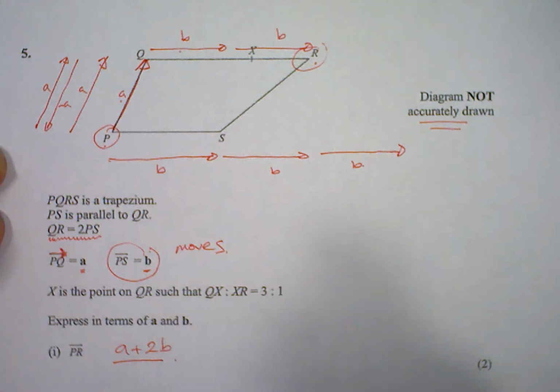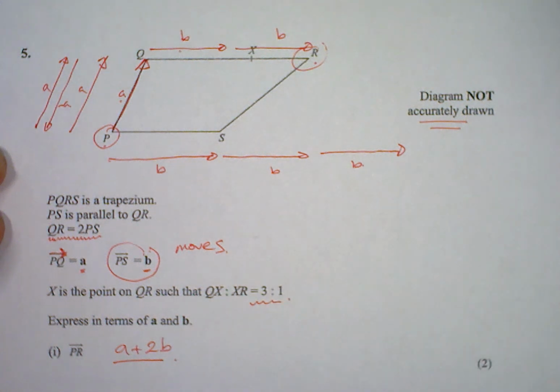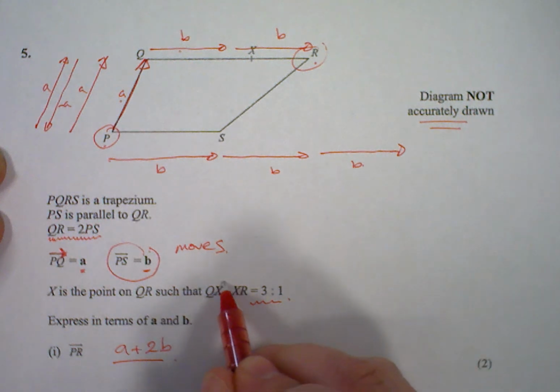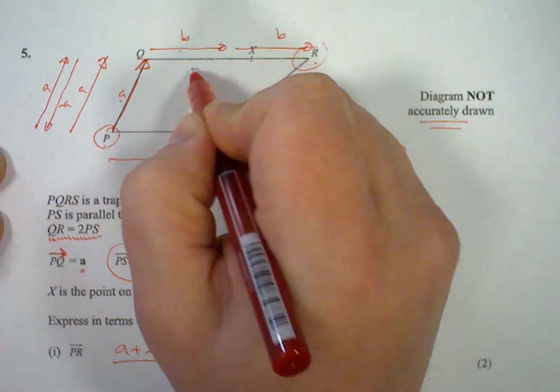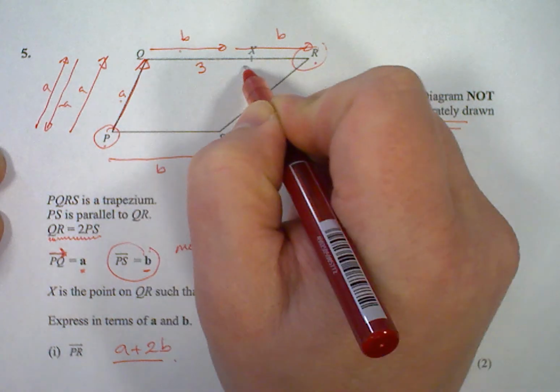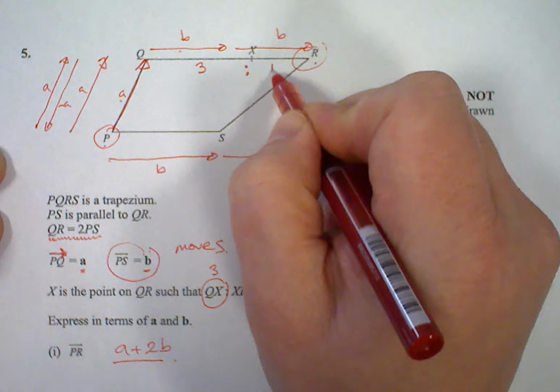The next bit, because it involves this ratio, is the higher up thing, the 7, 8, 9 type stuff. What I like to do is to find QX and put 3 on top. So QX is here, and so I'm going to put 3 here. And XR is here, and so I'm going to put 1 here.